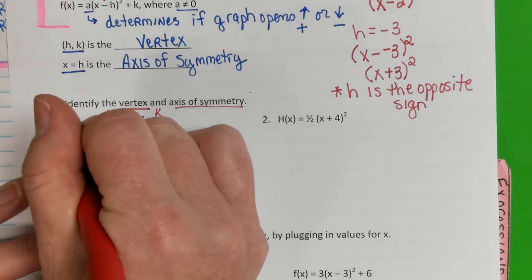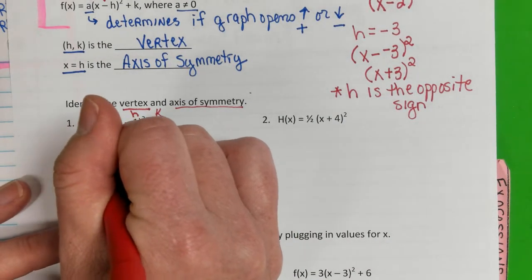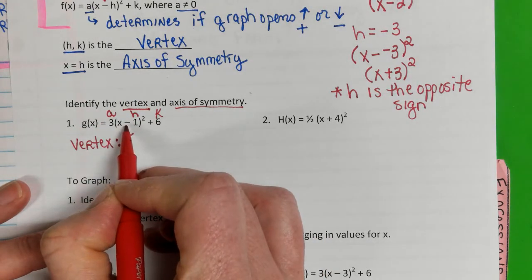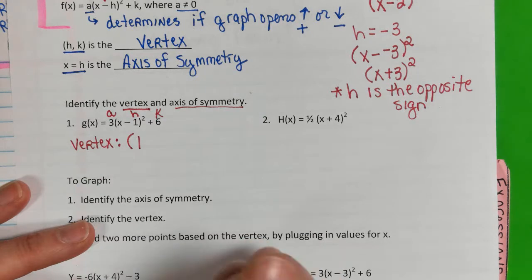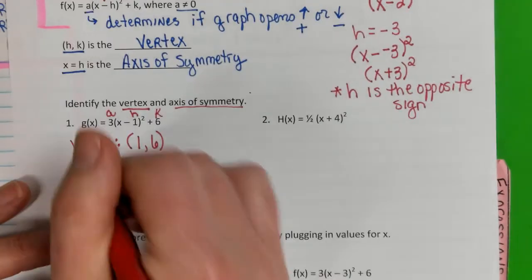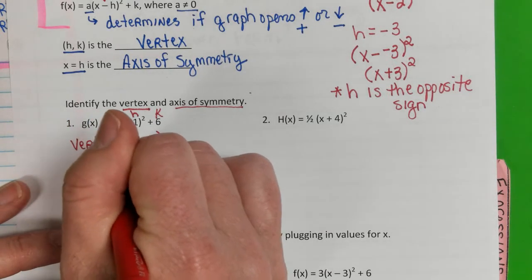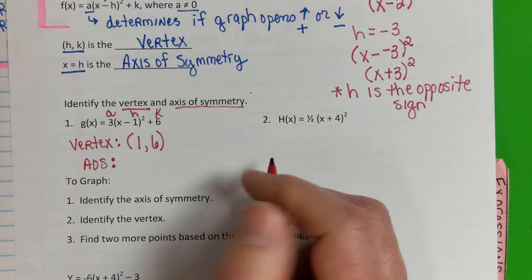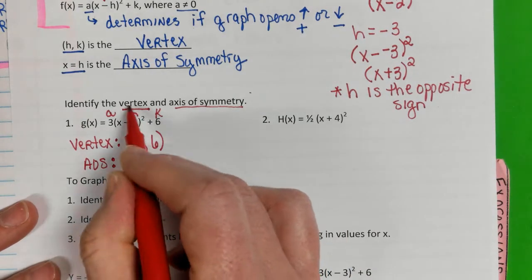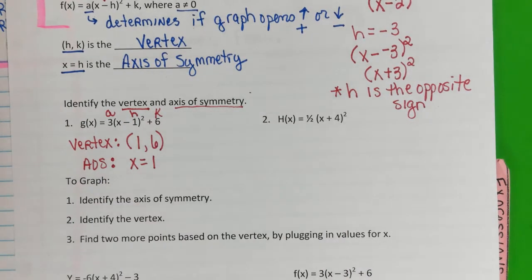And so our vertex, okay, the h value, remember it's going to be the opposite, so it's not negative 1, it's positive 1. Our k value is 6. Our axis of symmetry, remember this is an equation of a vertical line, so we're going to say x equals, what is our h value? Our h value is 1.